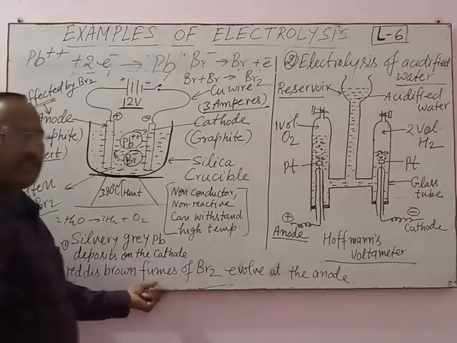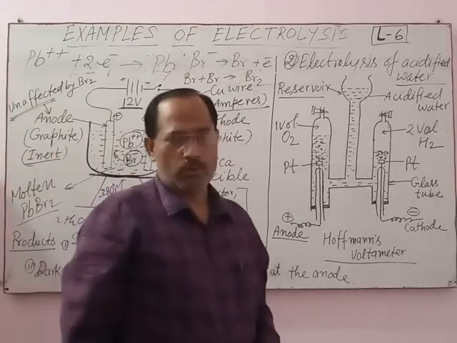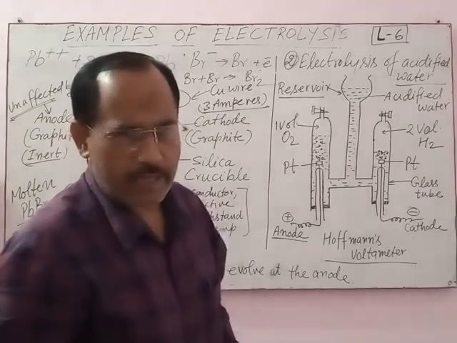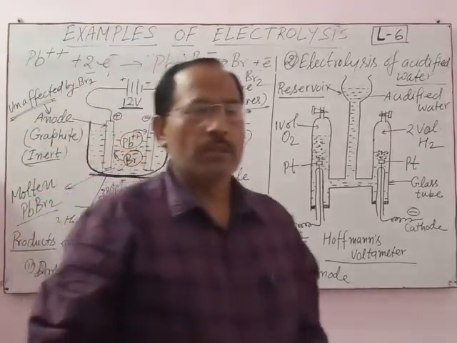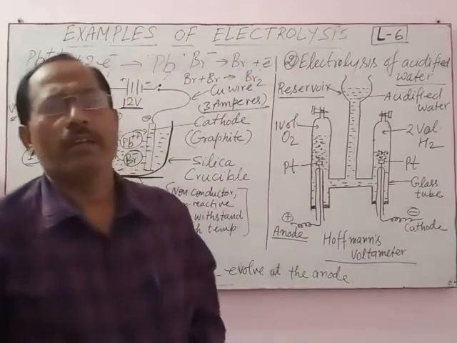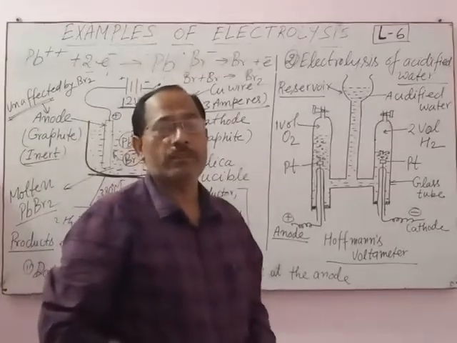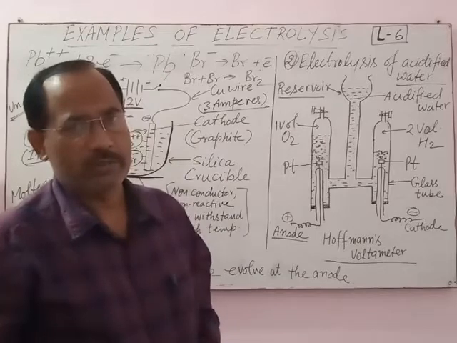Since bromine is a highly reactive substance, it affects all the electrodes except graphite electrode.